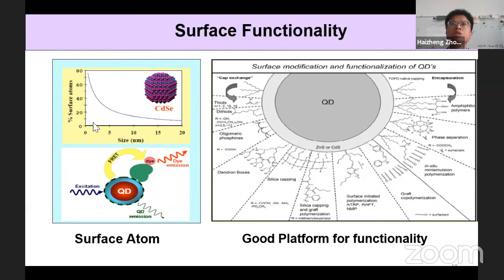And for 2 or 3 nanometers, the surface atoms increased to over 50%. With these increased surface atoms, they provide a good platform for functionality. For example, with this important surface, they can be combined with conductive molecules, proteins, and also other functional small molecules.